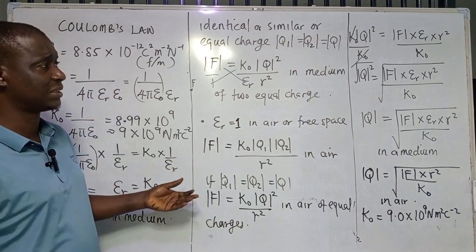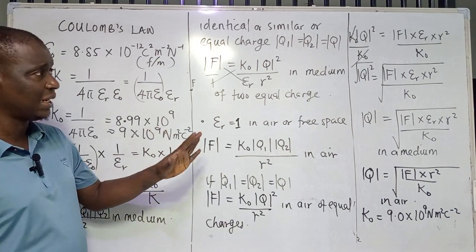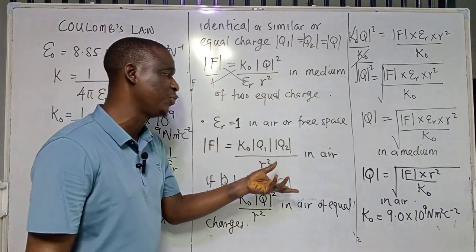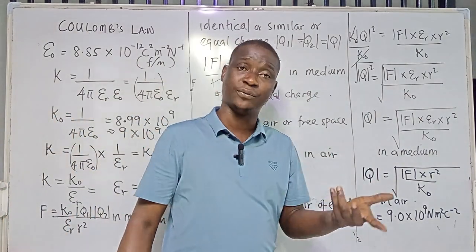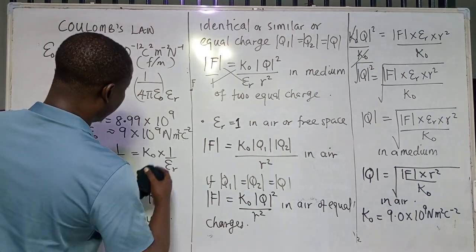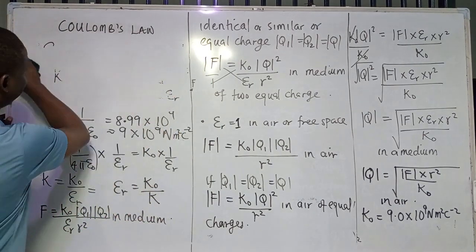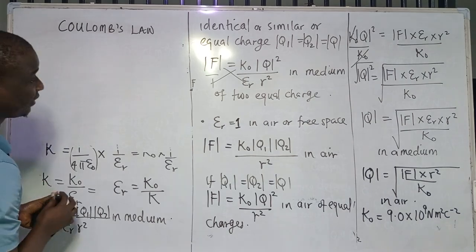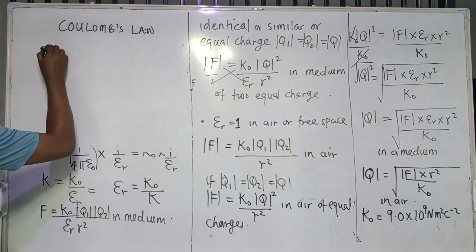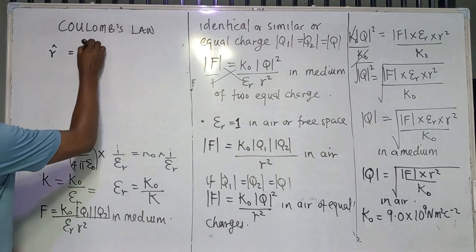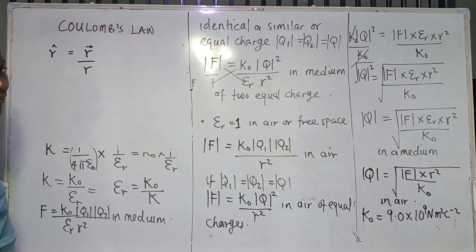Now, having understood that, having cleared all your doubts concerning that, what about other ways? If it's a vector question, they will give us a direction, because don't forget force is a vector. So inasmuch as we believe that force is a vector, we can represent it vectorially. The unit vector of a radius or displacement is normally equal to the vector over the magnitude.